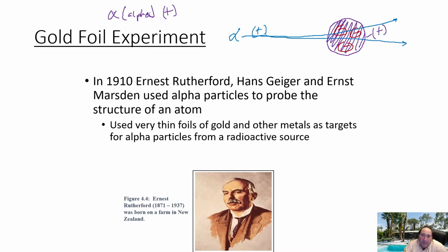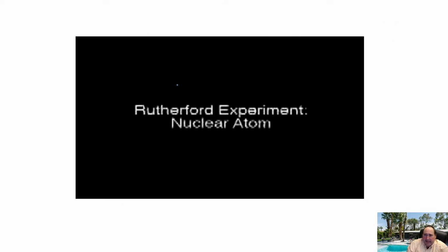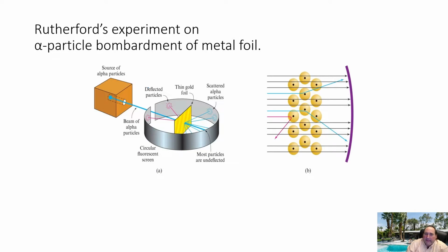And actually, what they saw happen was something very different than what they imagined. Most of the particles basically went through. When they shot these alpha particles, most of them pretty much had no problem.